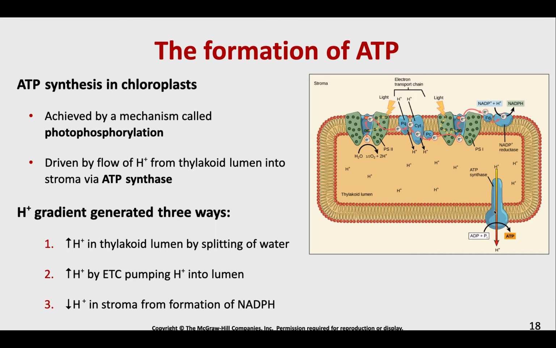This enzyme is powered by a gradient of hydrogen molecules, meaning we have a lot of hydrogen molecules inside of our thylakoid versus outside. Now these molecules are going to want to go from an area of high concentration to an area of low concentration, and they're going to move to this area of low concentration outside of our thylakoid membranes by going through the enzyme ATP synthase.